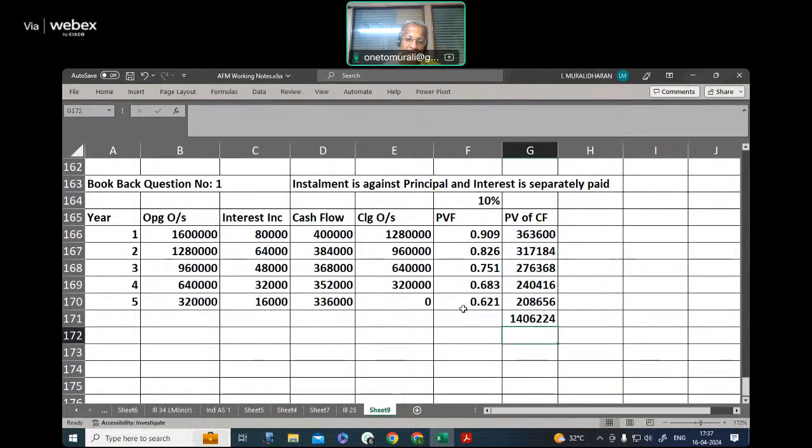So this much is the advance. This much is only loans receivable. And out of 16 lakhs, this much is loans receivable. Then what is that? How should we take this difference into consideration?